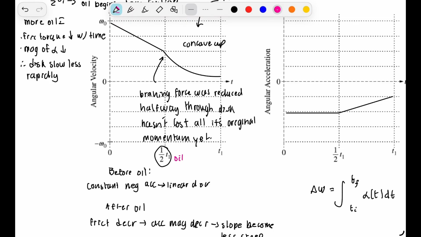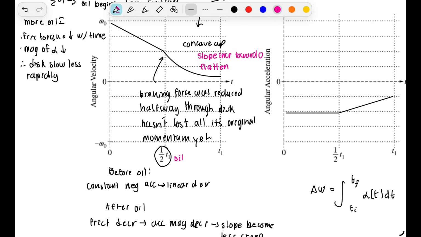And the slope is going to increase towards 0. We're getting towards 0, but it's getting less negative. And when it's becoming less negative, that means it's also becoming more positive because it's getting closer to 0, and closer to 0 is closer to positive. So that's why your velocity curve is going to start to flatten as you approach 0 and you go to the right into infinity.